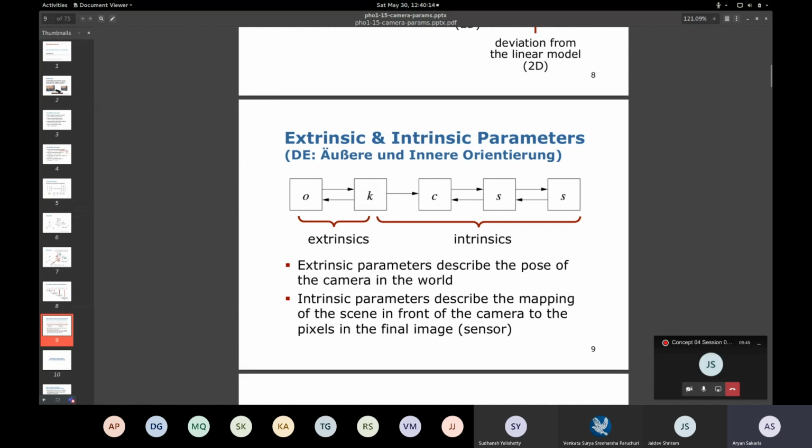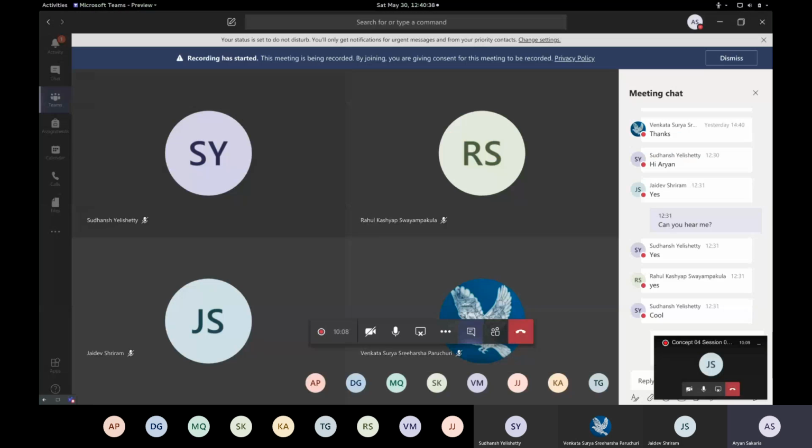The extrinsics help you get all the points into the camera coordinate system, after which we get them into the image plane, following which there's some multiplication and some other operations done on this, and you get it on screen into something we'd like. Are there any questions, or can I proceed?